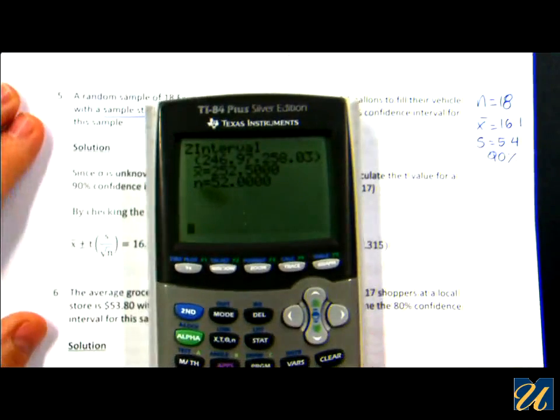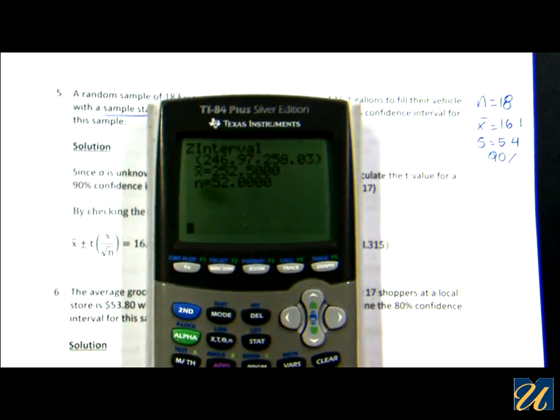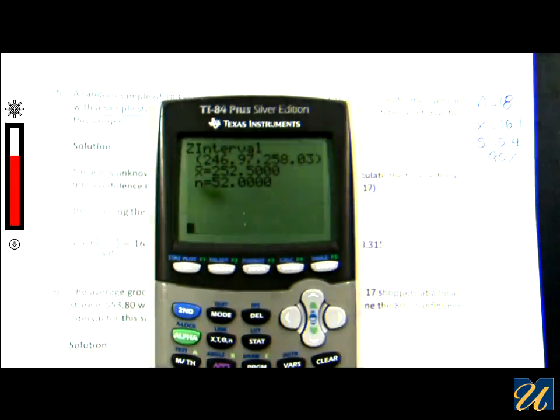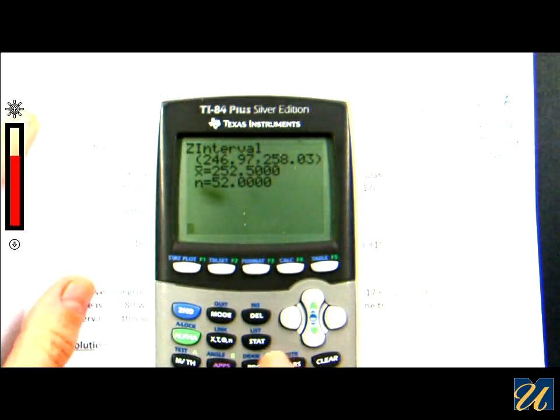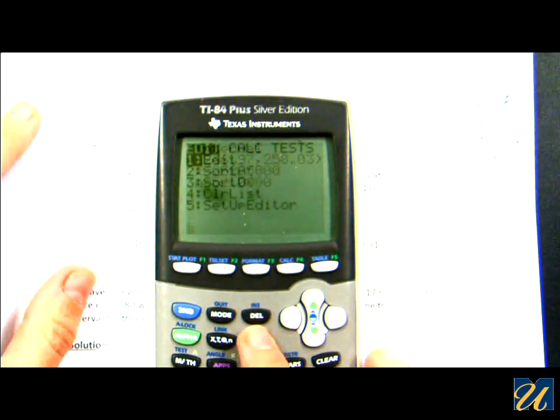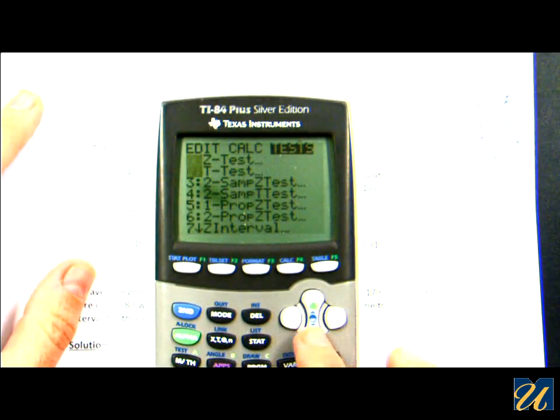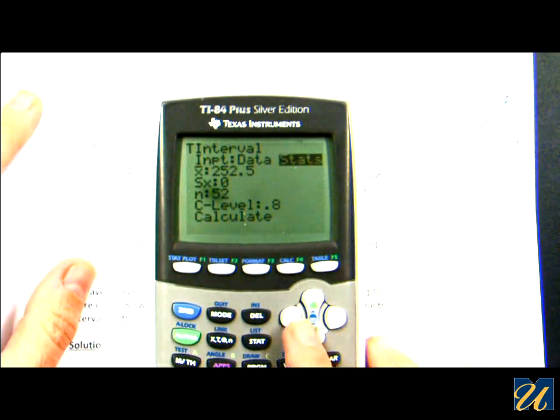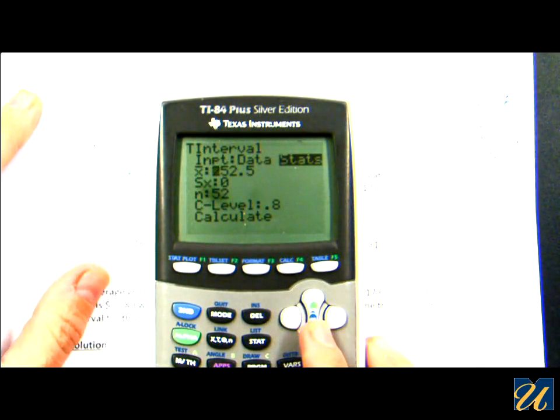If you were to use your graphing calculator for the second case, you will go to Stat, Test, and you will go to number 8, T interval. Enter. You want to make sure that you're under Stats, and you enter the values.